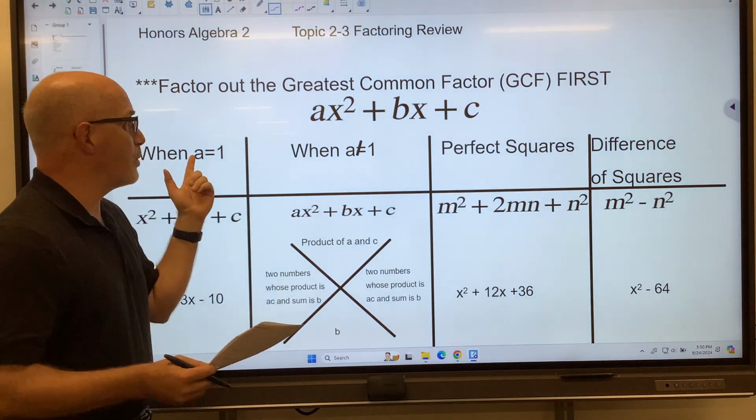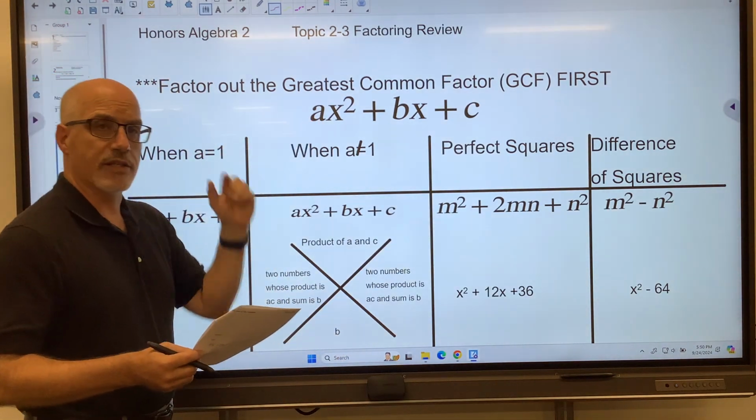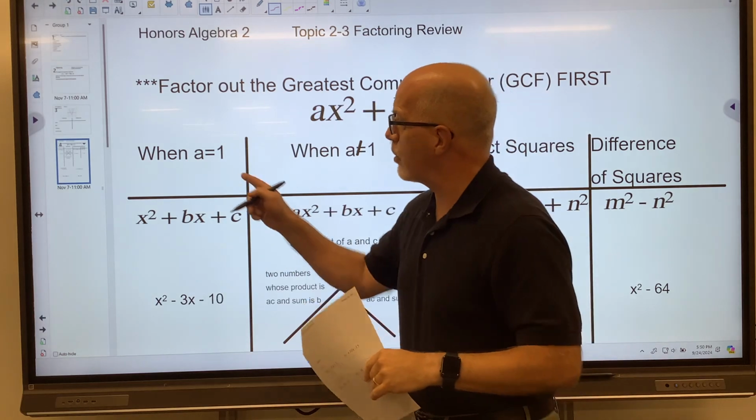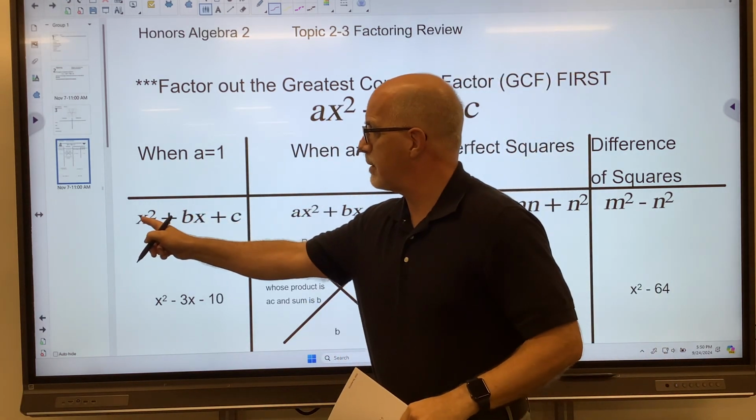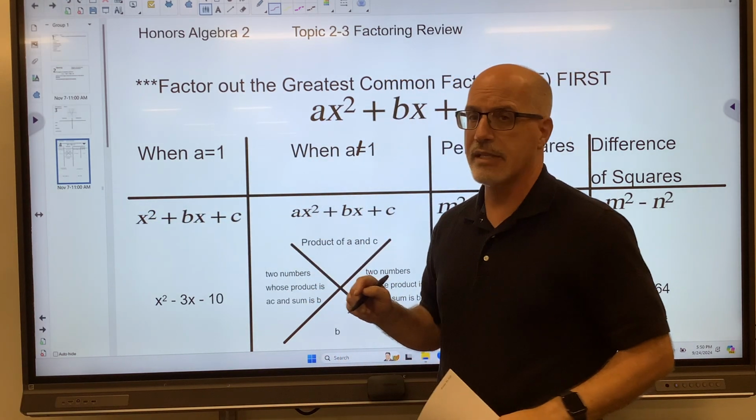And when we look at this, when a equals 1, that'd just be x squared plus bx plus c.